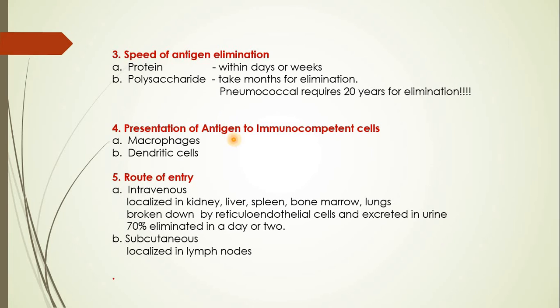Persistence of antigen to immunocompetent cells. Now you know that this occurs in two different ways. There are two different types of cells which are responsible for elimination of antigen, and those cells are macrophages and dendritic cells, right? Macrophages and dendritic cells, both of these are present in the lymph node follicles.